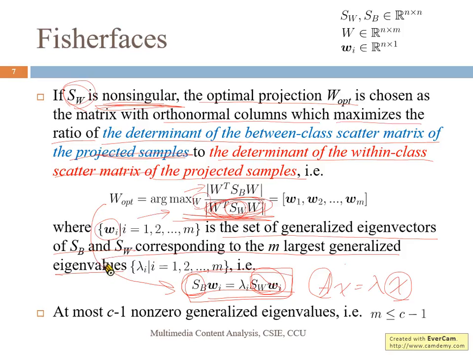And theoretically, at most C-1 non-zero generalized eigenvalues can be calculated. So when we try to find an m-dimensional space to do the projection, the m value is less than or equal to C-1.